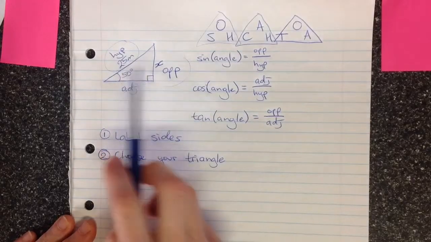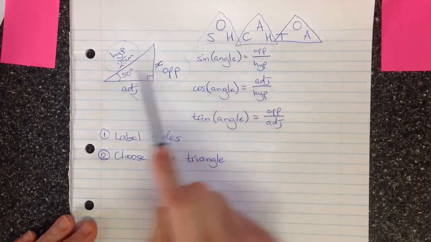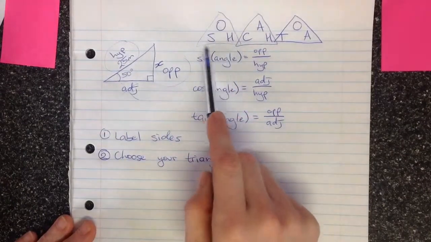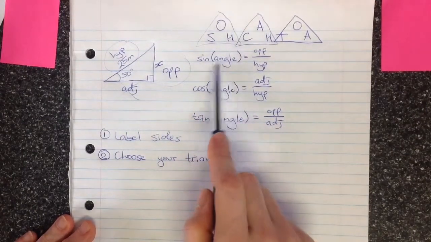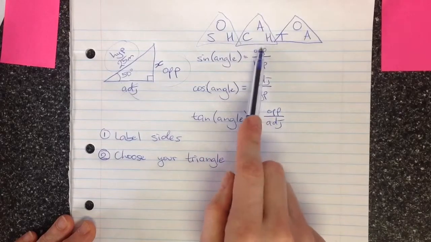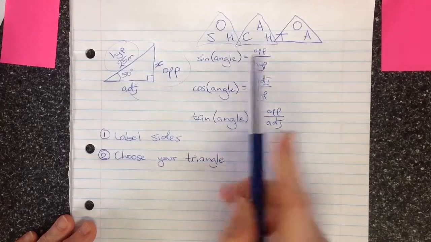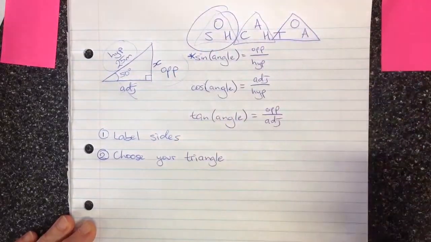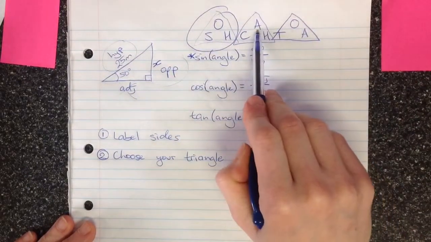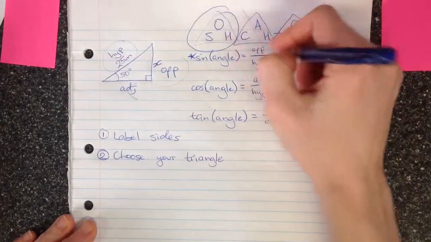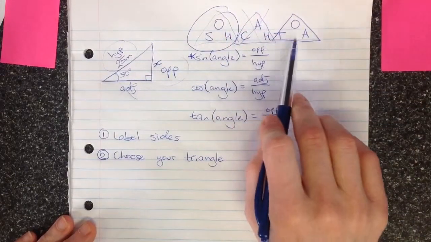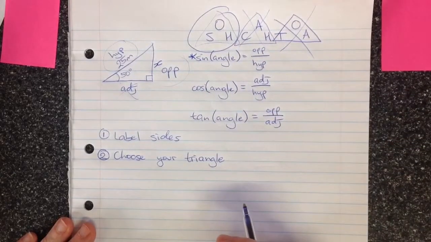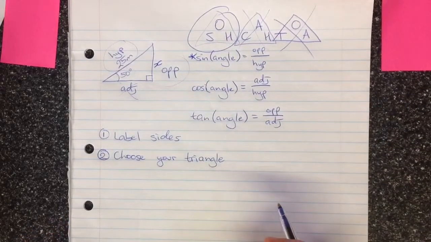The triangle that has both the opposite in it and the hypotenuse in it is your SOH triangle. That is, sine of the angle equals the opposite over the hypotenuse. So we choose this particular triangle here, which is going to be this particular equation. We don't care about the adjacent, so we're not interested in the CAH triangle, and we are not interested, again, in the adjacent over here, so TOA is out of the question.